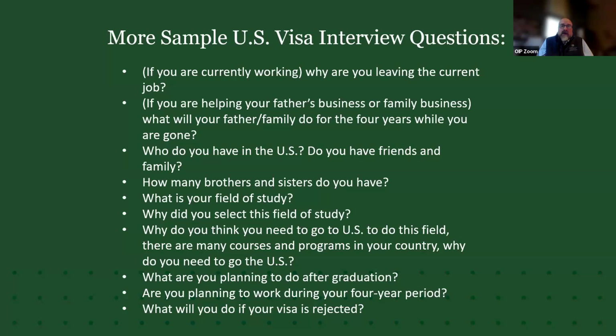Or you might say, "I've been admitted to a university in Australia and a university in the United Kingdom, and so if I don't get admitted to the US, I will look to join those universities in those other countries." So there are a lot of different options. Again, make sure that you have a plan B and you're able to talk about what that might look like if your visa is rejected.